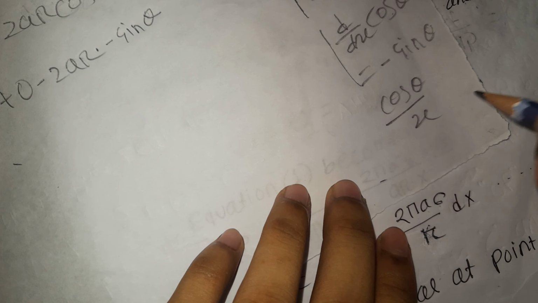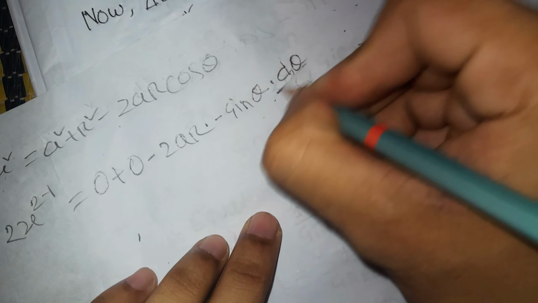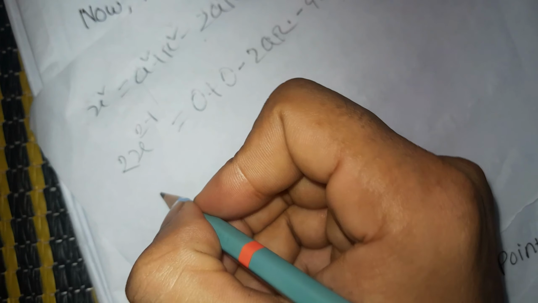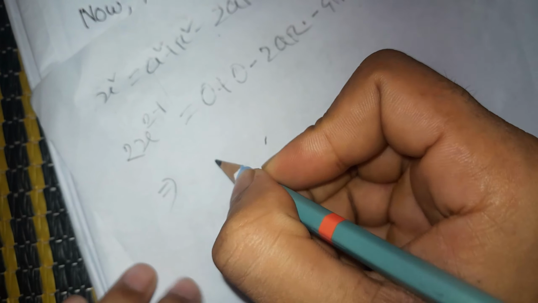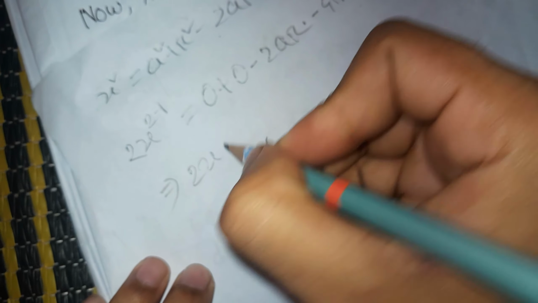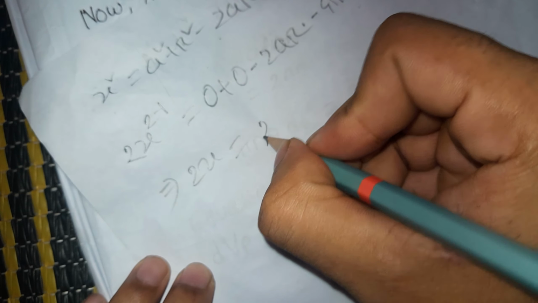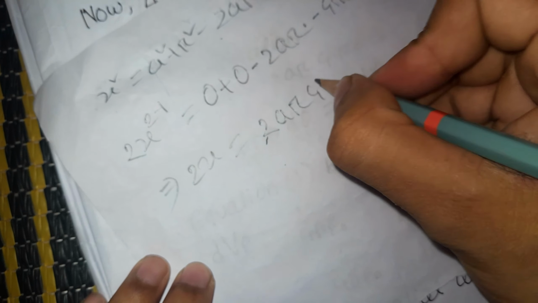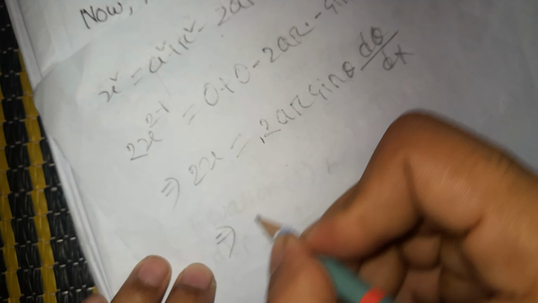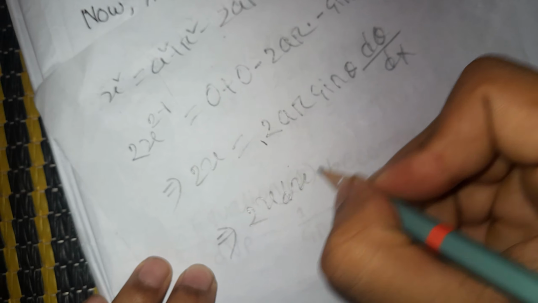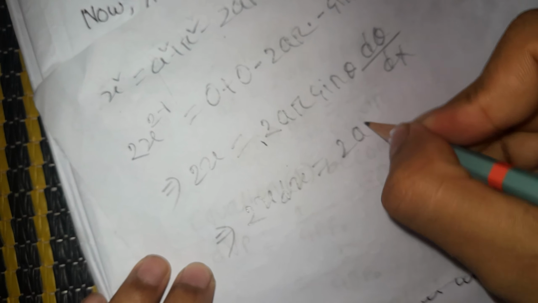So 2x equal minus into minus equal plus 2ar sin theta d theta by dx, or 2x dx equal 2ar sin theta d theta.